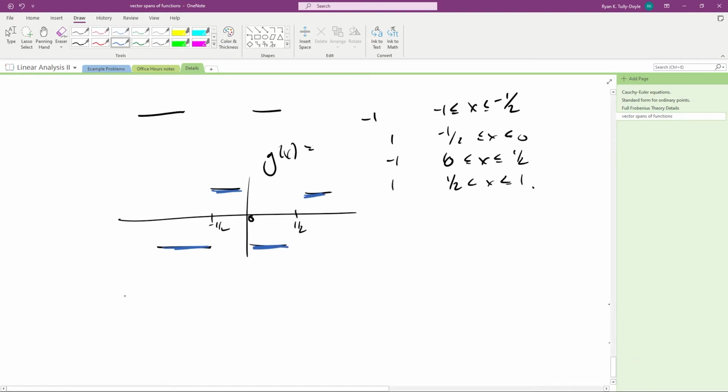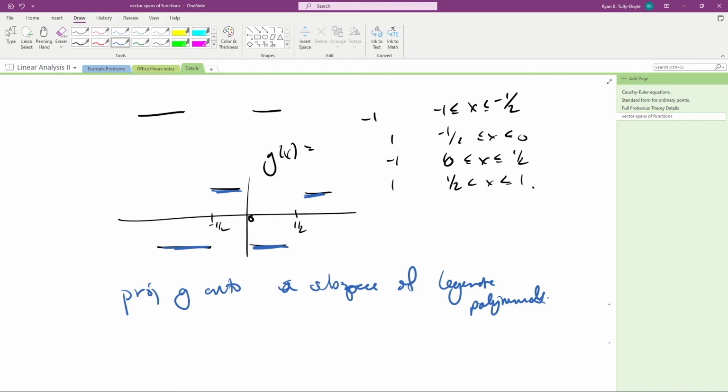So maybe we could project g onto a subspace of, I don't know, Legendre polynomials. After all, if the square wave function g is in L2, I should still be able to use the projection formula on it.